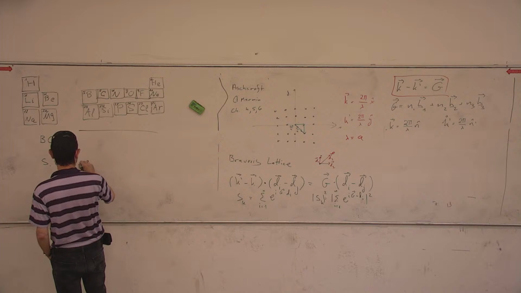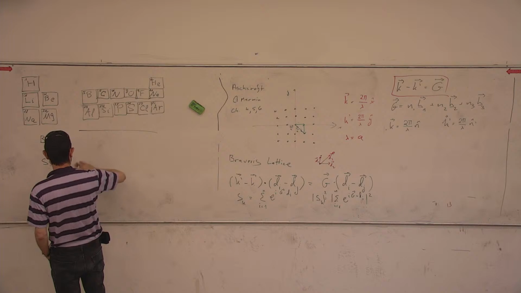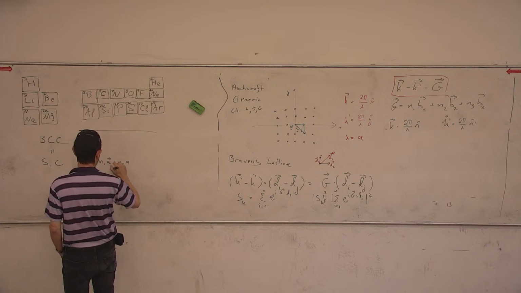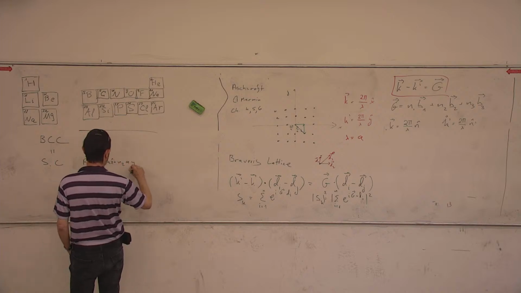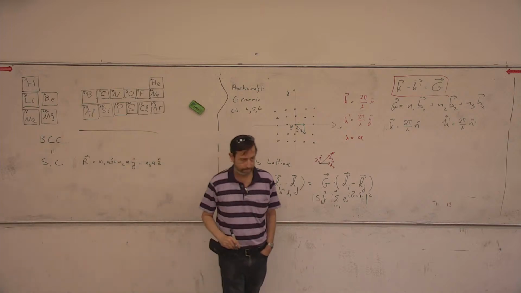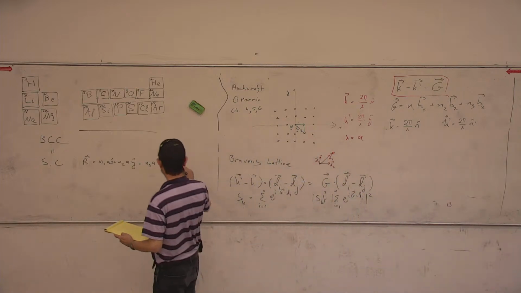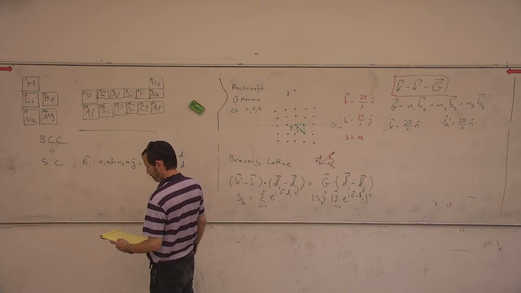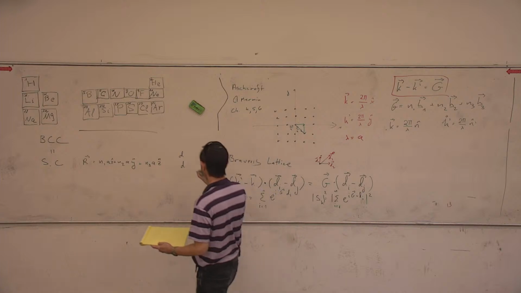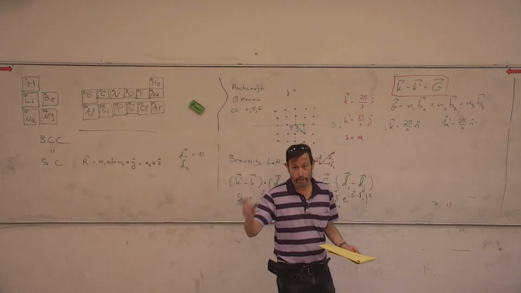Okay, first of all, right, first R. And I have two basis vectors. First is on the lattice point.